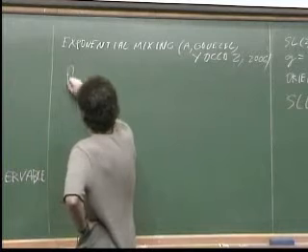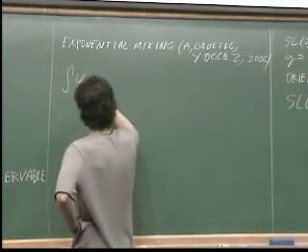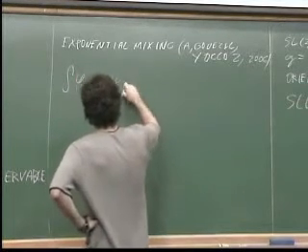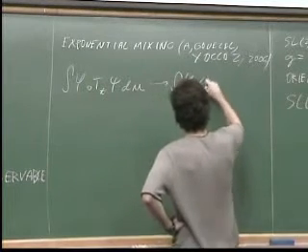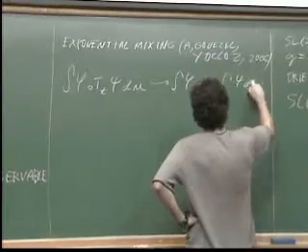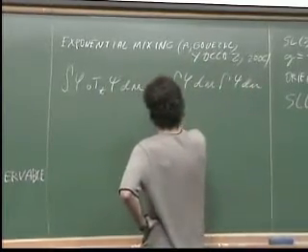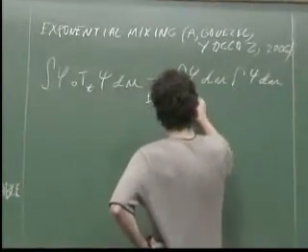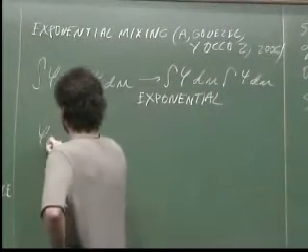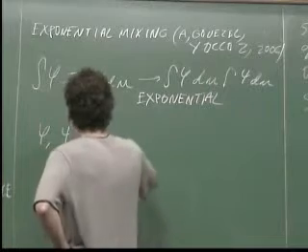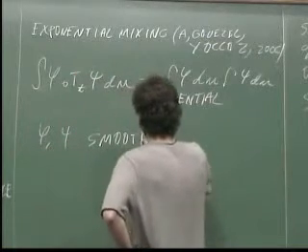So if you do the integral of phi composed with the flow at time t, times psi, it's exponential, if you assume that phi and psi are smooth and compactly supported.